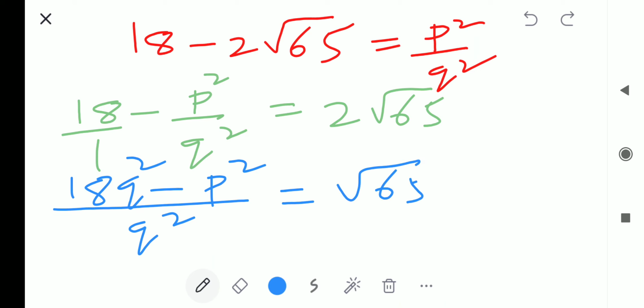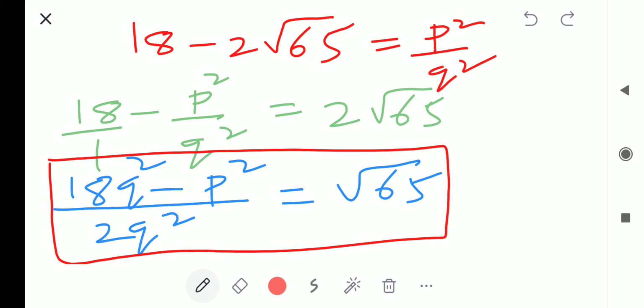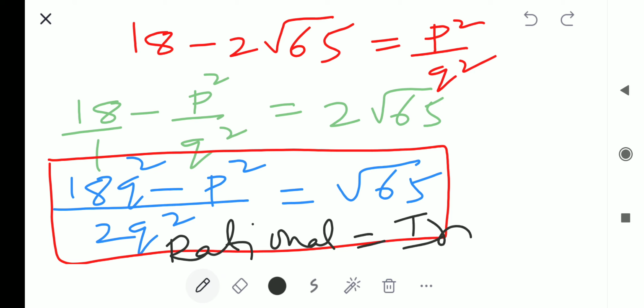Taking 2 to left side, I get here, hence, 18q square minus p square by 2q square is equal to root 65. Here, this is rational and this is irrational. This is impossible in mathematics.